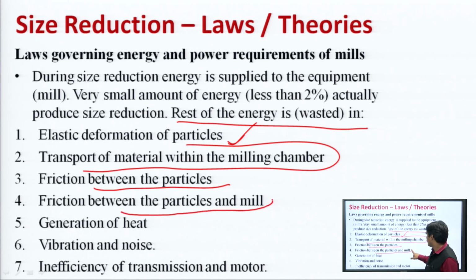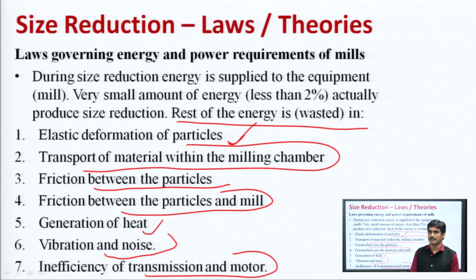Friction between the particles and the mill, that is, between the walls of the mill and the particles, also leads to the loss of energy. During the process of size reduction, some heat is generated, vibration and noise are also produced, and there is insufficient efficiency of transmission and motor.